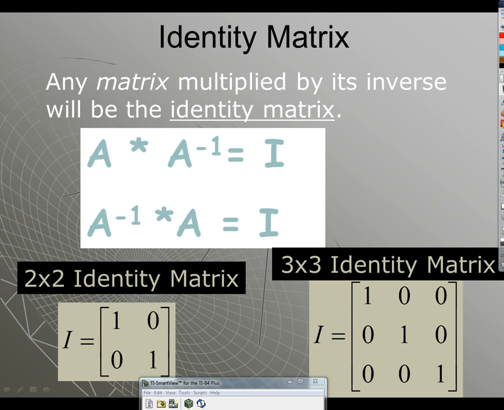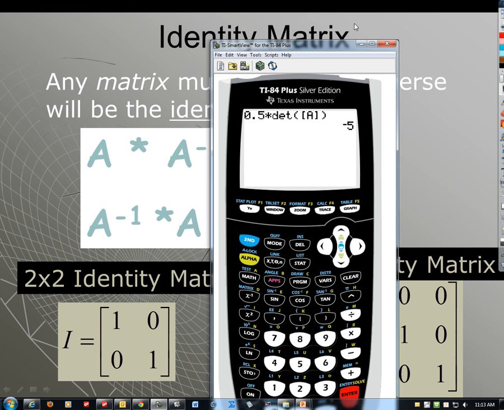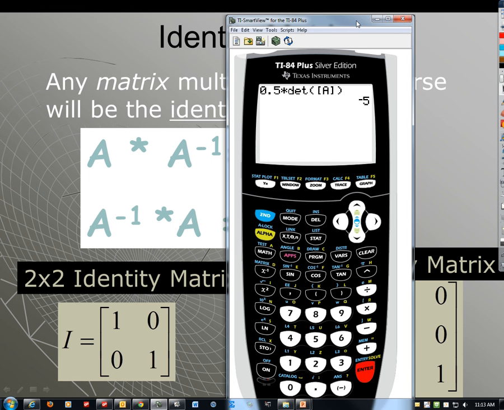Okay? Now on your calculator, you can get these. You don't have to write these out. If you ever need the identity matrix, you can just go to matrix, math, and the 5th option is identity. Notice the identity matrix is always square.